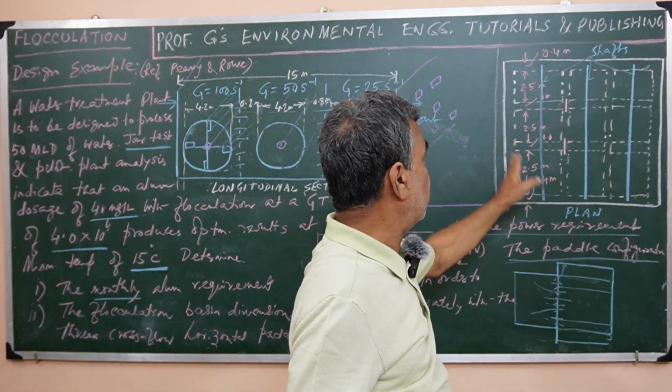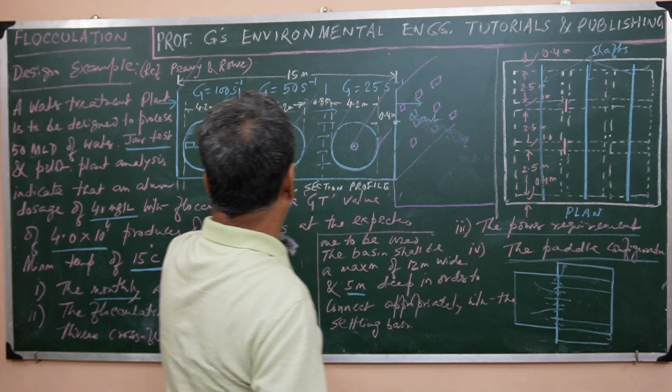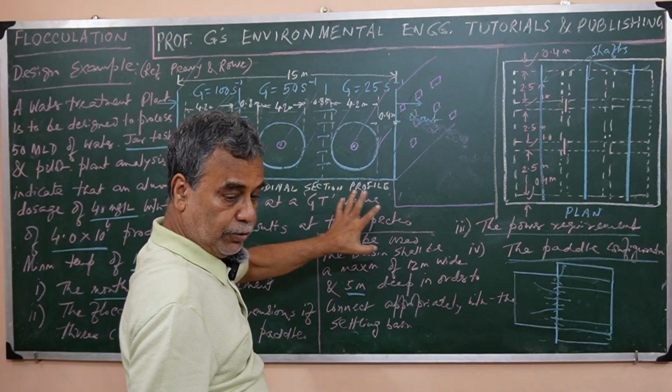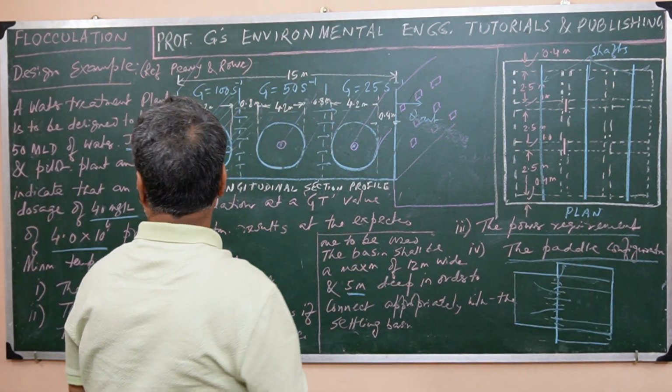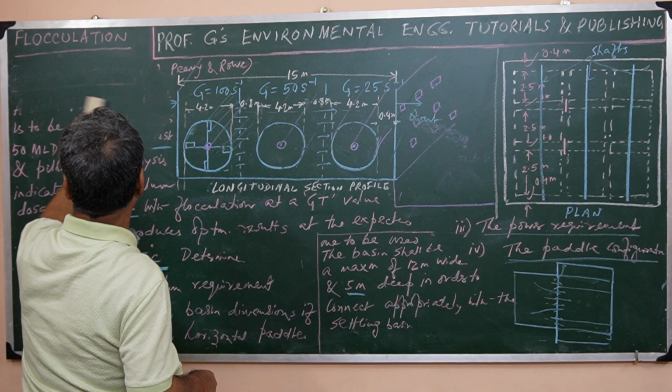This is the width. This is the plan, remember. This is plan as written. This is the longitudinal section profile also. Okay. Now let me erase this just to create space.